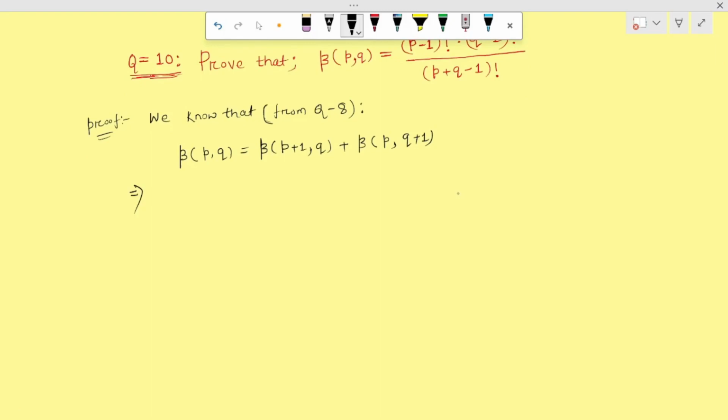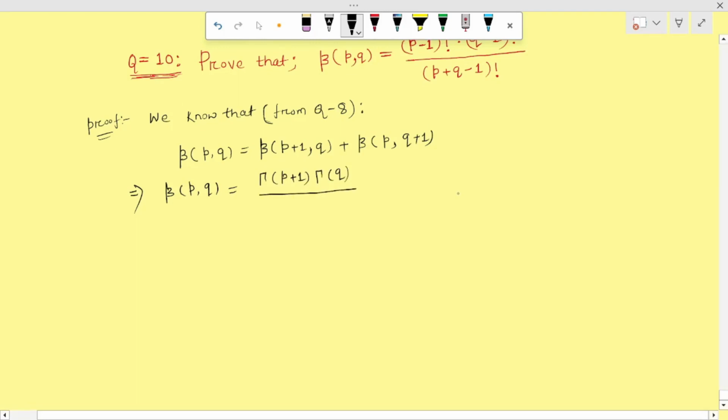How is it? Here you can see that beta(p, q) will be equal to, by using the relation between beta and gamma function, gamma(p+1) gamma(q) by gamma(p+q+1), plus beta(p, q+1), which can be written as gamma(p) gamma(q+1) by gamma(p+q+1).